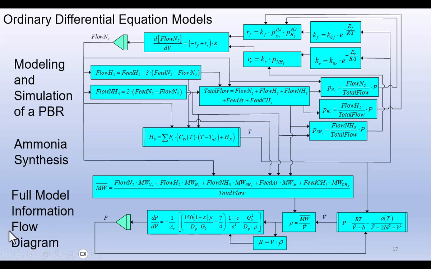The upper part of the model here is very much the same as before, but then we get to where we had a differential equation for temperature, and now we don't have that anymore because we're not assuming constant heat capacity.